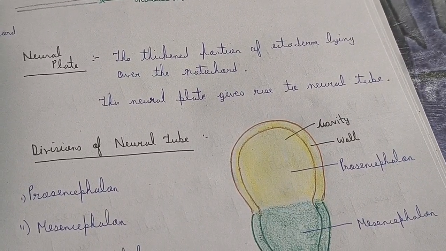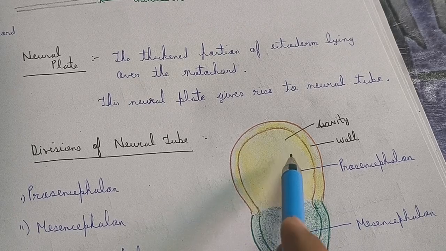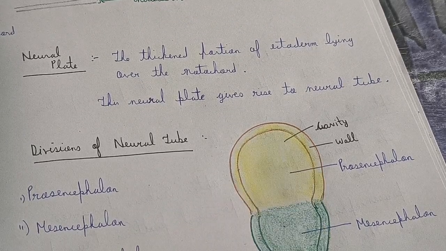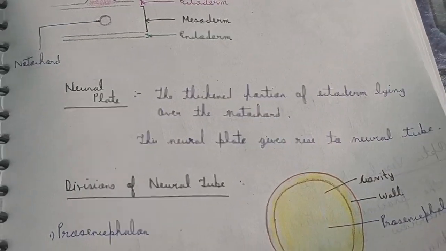First of all, as you already know, the prosencephalon has a cavity as well as a wall.